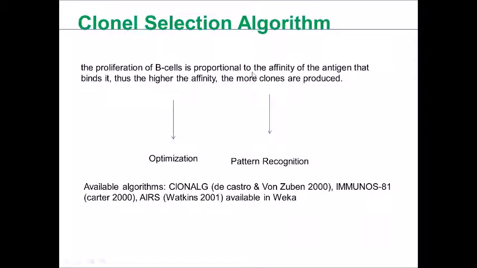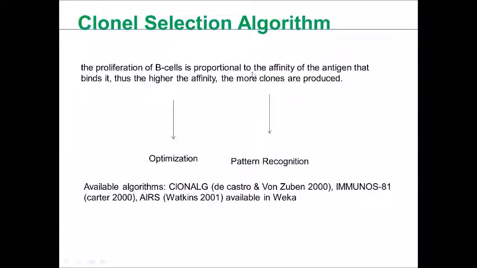The idea of this has been replicated into the clonal selection algorithm, and it has been used a lot to solve optimization and pattern recognition problems. During the cloning process, in order to produce a better quality solution, it is related to optimization and pattern recognition.